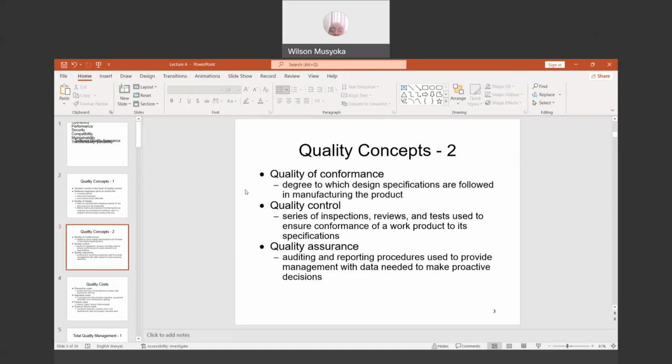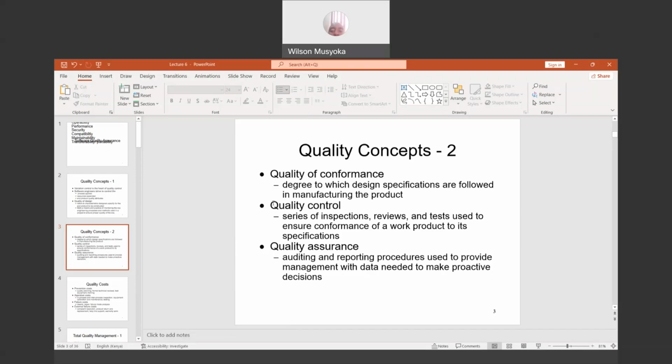Because after you have captured requirements for the software to be developed, those requirements are transformed into system specifications, and those specifications are the ones which we are going to follow so that we get the desired software. So when we talk about quality of conformance, we are looking at how you have followed those design specifications in getting the final software product.